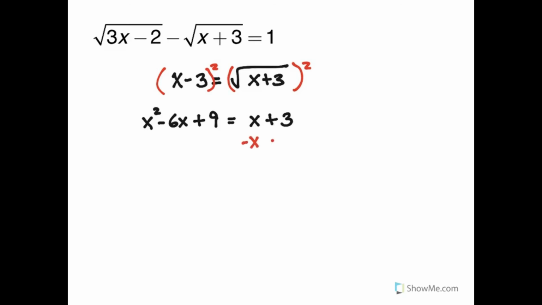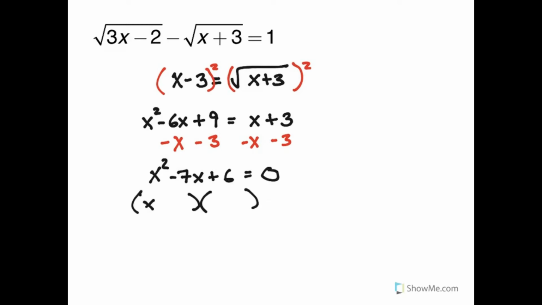Now I'm in a good position to solve the equation because I can get everything together in a nice quadratic equation. X squared minus 7x plus 6 equals 0. And factor: x minus 6, x minus 1 equals 0.